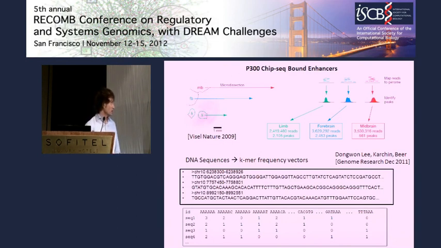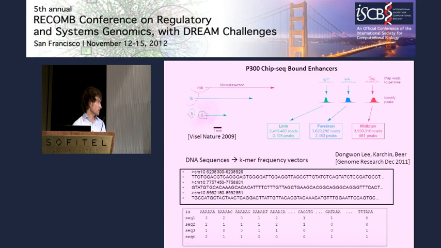So our initial work on this problem, which was published in December in Genome Research, predicted limb and forebrain and midbrain enhancers identified by Len's group and reported in this paper just using DNA sequence. The way we did it is we took these DNA sequences, and we don't know what transacting factors are active in these different tissues and what are causing these to be enhancers.